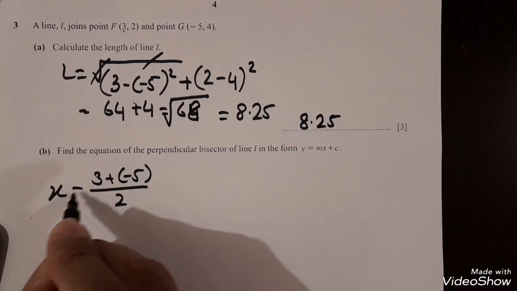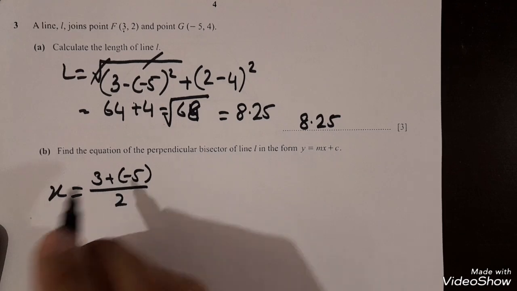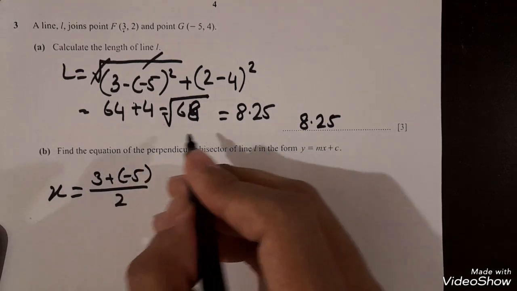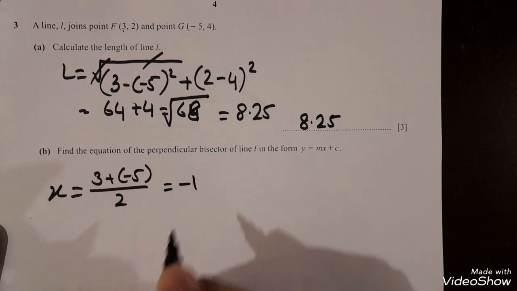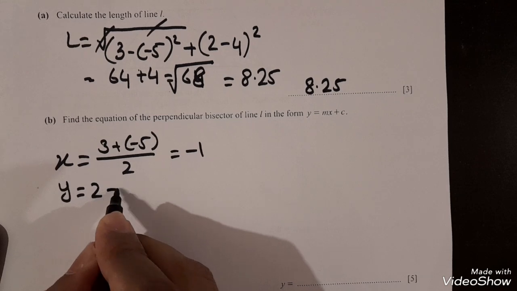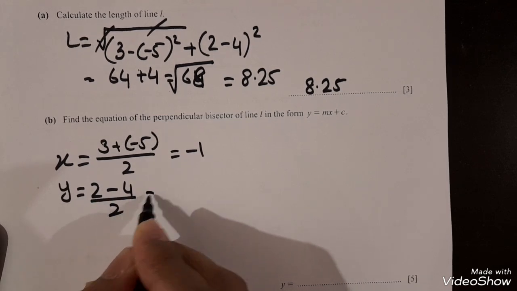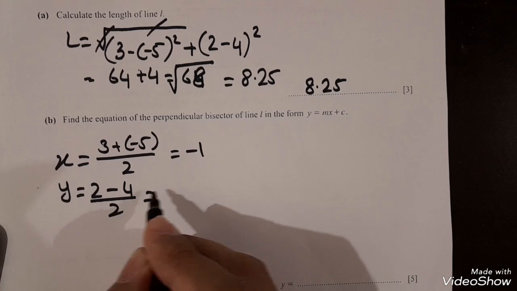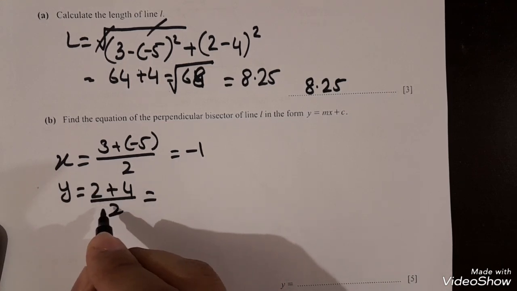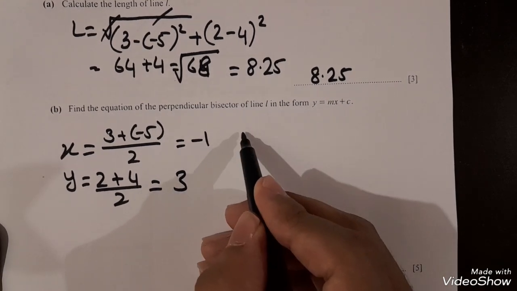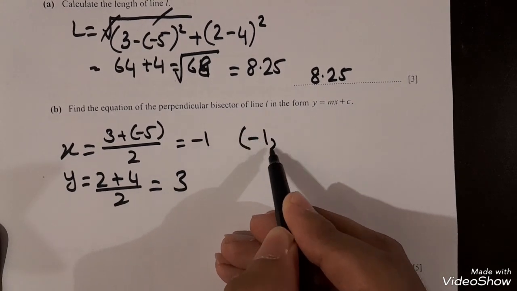For the x-coordinate, 3 minus 5 divided by 2 will be minus 1. Then for y, 2 plus 4 divided by 2, which will be 3. Now the midpoint is minus 1 and 3.